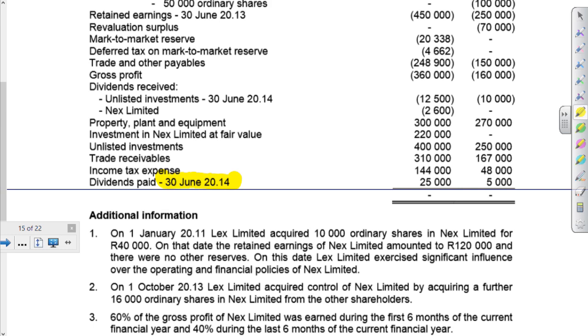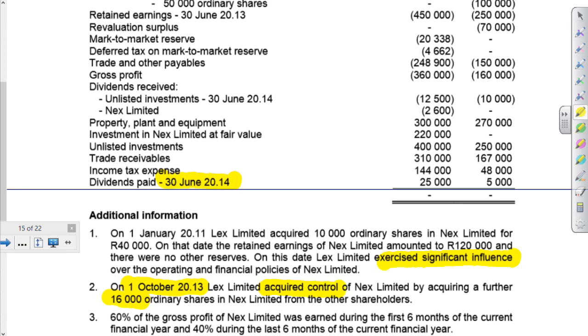The retained earnings were whatever, and they exercised significant influence at that date. So you're going to do associate accounting right up to the 1st of October 13. They acquired another 16,000 shares. They have 50,000 shares altogether, you can see right at the top. And they acquired control. That's the first time there's an NCI.